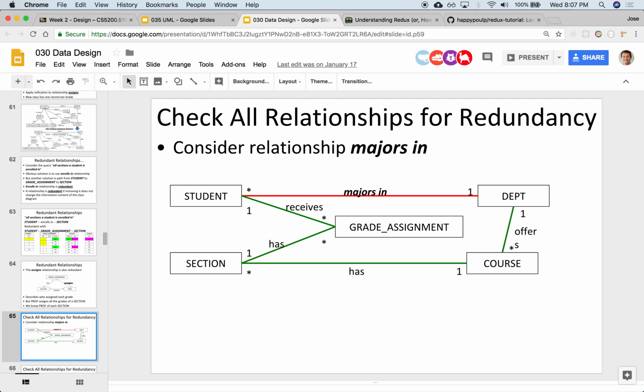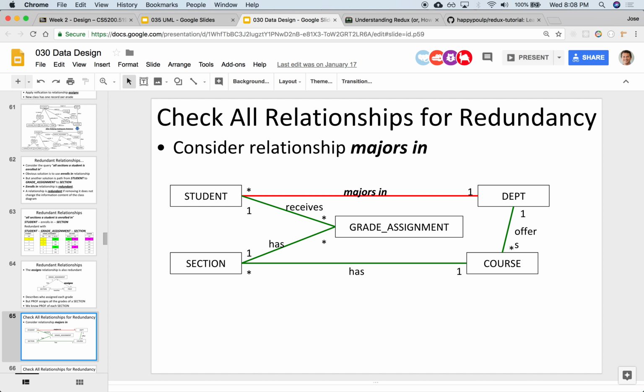But notice the other cycle. It's your responsibility, depending on all the requirements or all the questions that you want to ask the database, to walk all the cycles, to walk all the paths, to see if you're able to answer the same question in two different ways. Here, notice that if you walk this cycle, even though it might look redundant, it's not. Because by the time you get from student to grade assigned to section to course, when you get down to course, you've lost what particular student you're talking about.